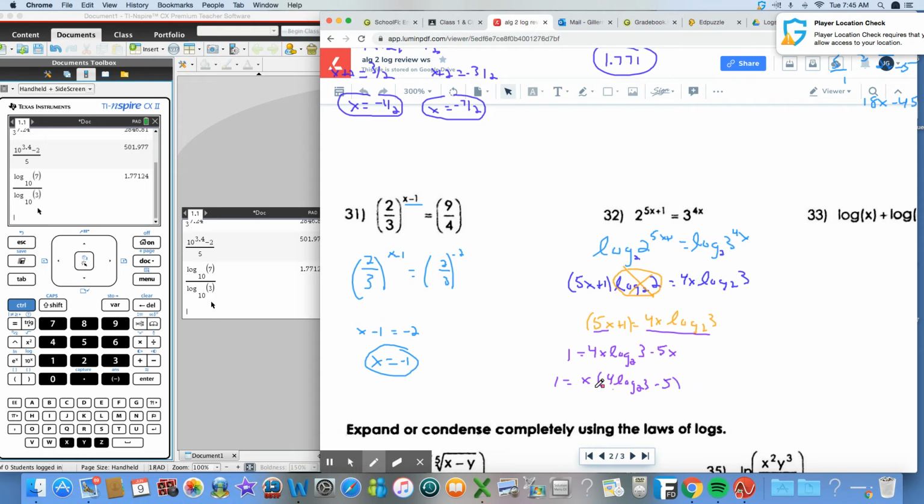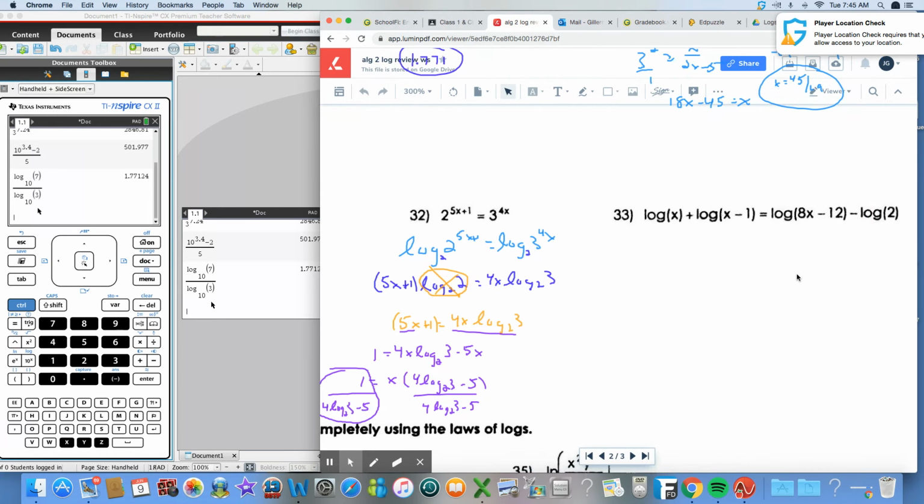And then to solve for x, we are just going to divide by all of this, 4 log base 2 of 3 minus 5, and do it to the other side. So there is my answer: x equals 1 over 4 log base 2 of 3 minus 5.